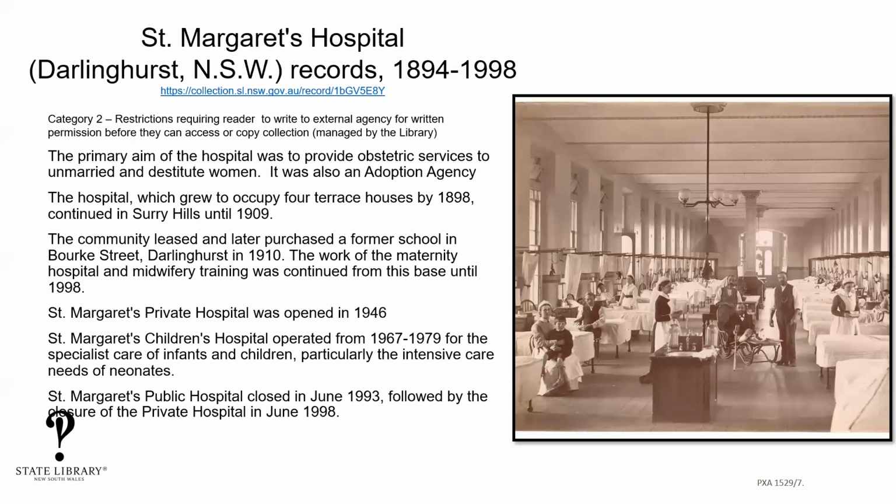The work of the maternity hospital and midwifery training was continued from this base until 1998. Specialist services and training courses were added, including obstetric, gynecology, training of doctors. St Margaret's Public Hospital closed in 1993, followed by the closure of the private hospital in 1998.